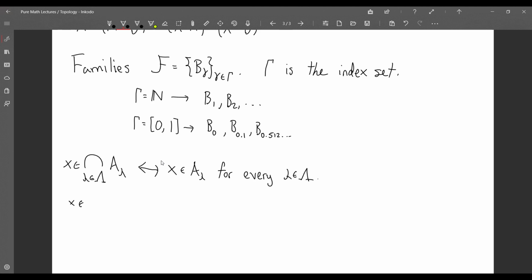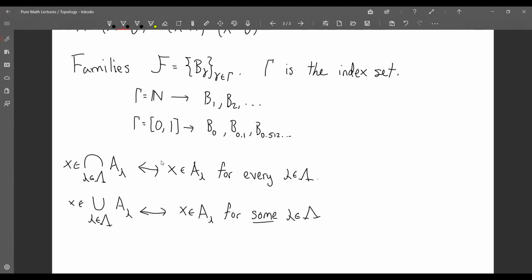Similarly, for the union of a family, sorry, my handwriting is getting sloppy here. X is in A sub lambda for some lambda in big lambda, right?